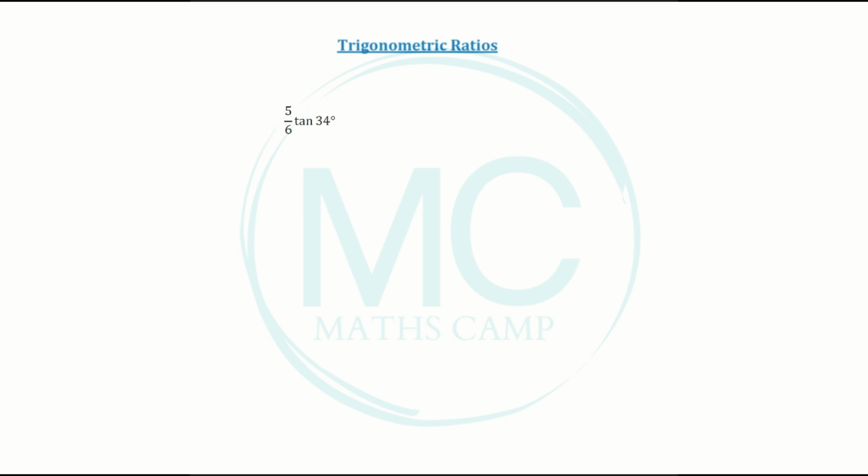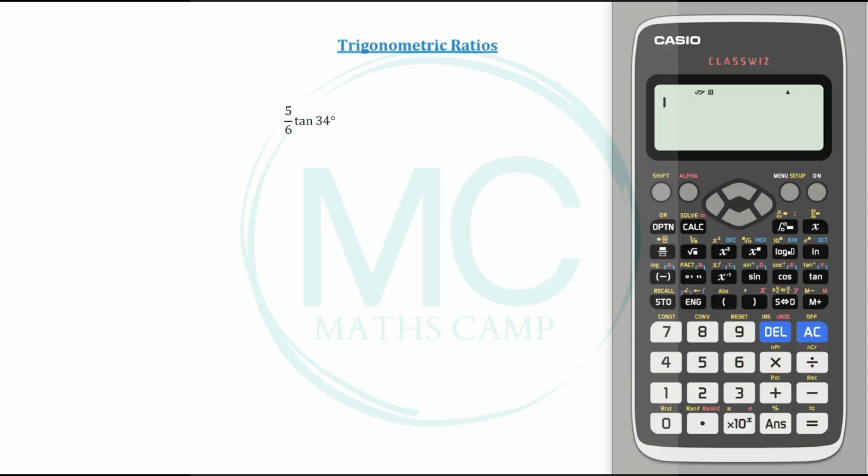5 over 6 tan 34. Here we need to multiply tan 34 by the fraction 5 over 6. And there are two ways that we can do this. Let's get our calculator, and we can say 5 multiplied by tan 34, get an answer, and then divide that by 6, which gives us 0,56.